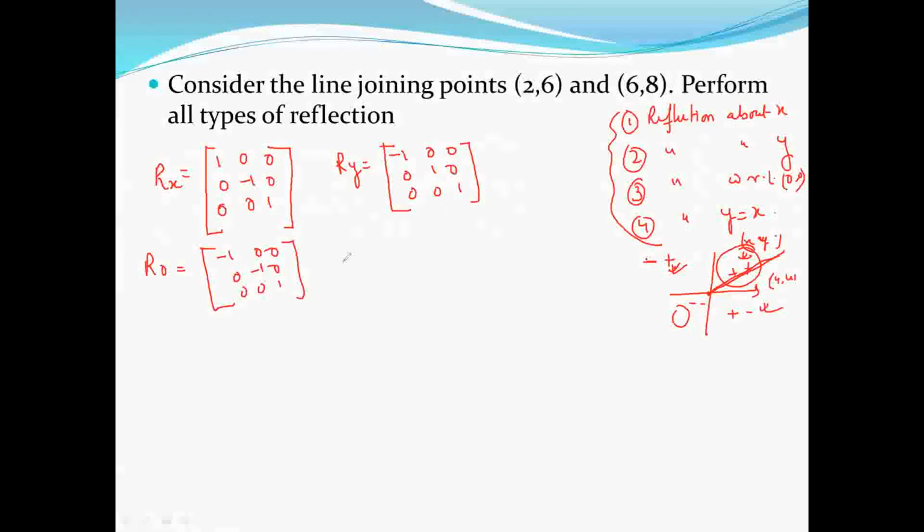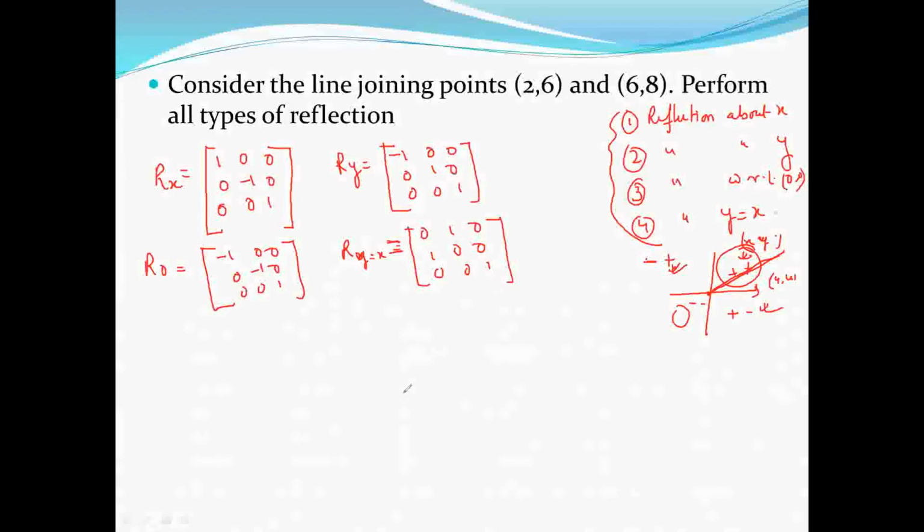So here x will be replaced by y and y will be replaced by x. So it is 0 1 0, 1 0 0, and 0 0 1. So these are the different types of reflection matrix.